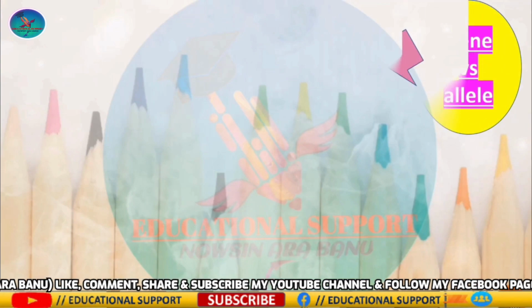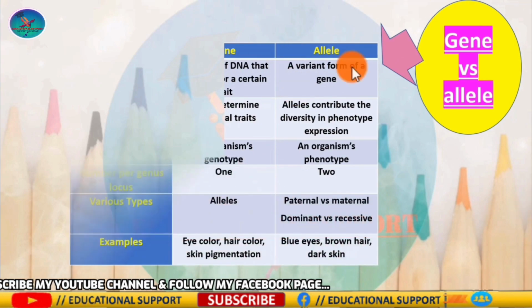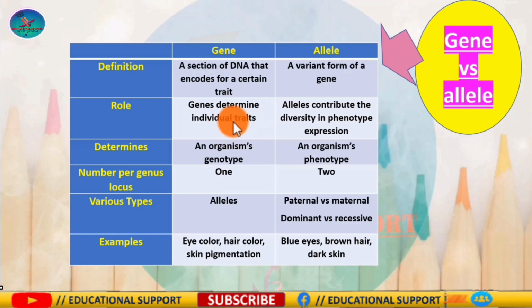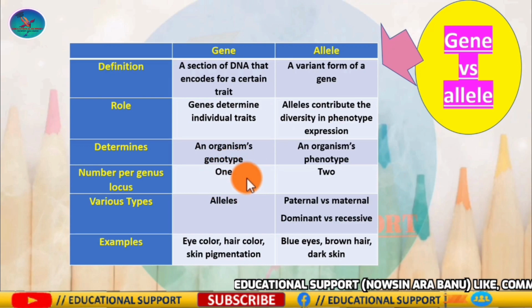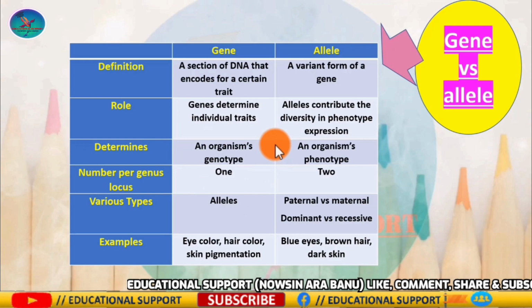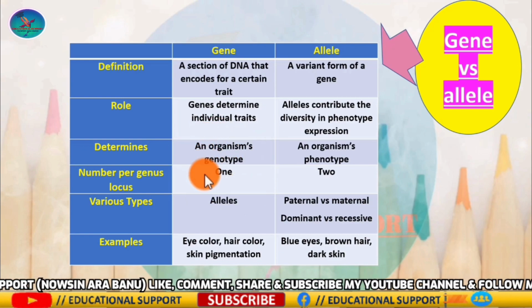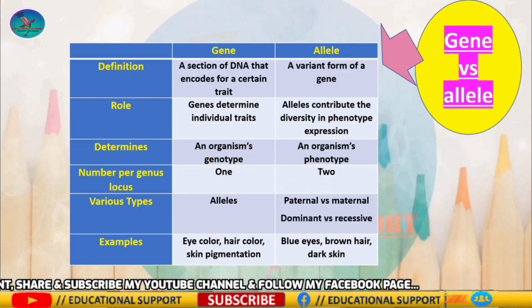A gene is a part of the DNA structure and it decides the genetic traits of an individual, and alleles are the different variations of the same gene and they determine a single characteristic. The difference between gene and allele can be better understood with the help of this table, this chart.